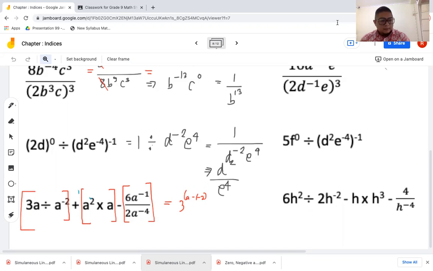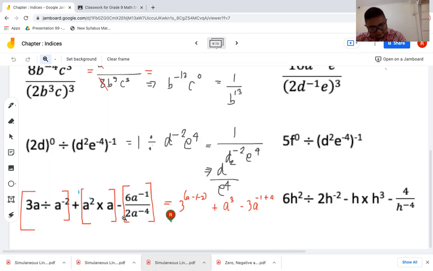Okay, and then plus a raised to 3. So 2 plus 1 is a raised to 3. And then the next one is going to be a cancellation of 2 and 6 here, which gives you 3. And then the calculation at the exponent will be a raised to negative 1 plus 4.